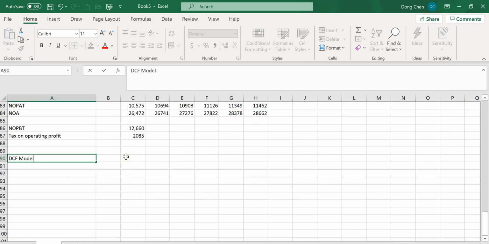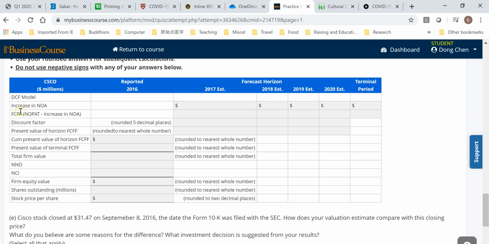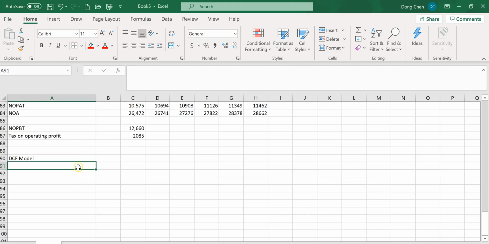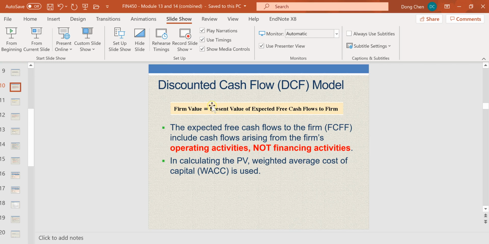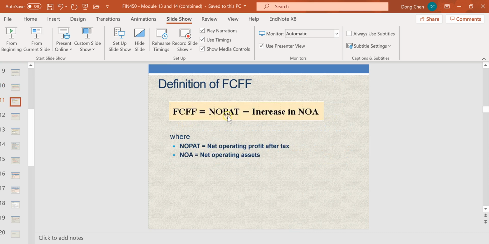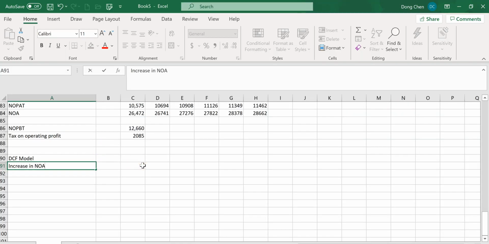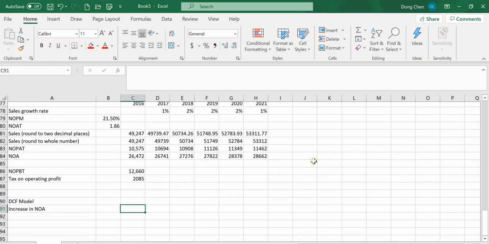You can see that the first part is the increase in NOA, because the discounted cash flow model means the firm value is the present value of expected free cash flows to firm. The free cash flow depends on NOPAT and the increase in NOA. That's why here we need to calculate the increase in NOA.